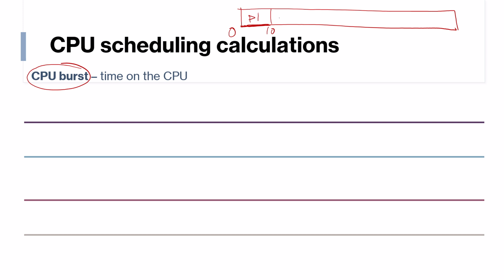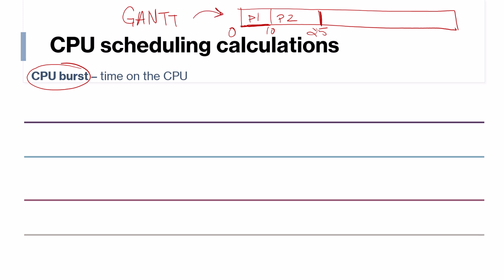And then say process 2 comes in and gets 15 time units on the CPU. So that's going to be the CPU burst for process 2. This is called a Gantt chart, and the Gantt chart is going to represent the CPU.